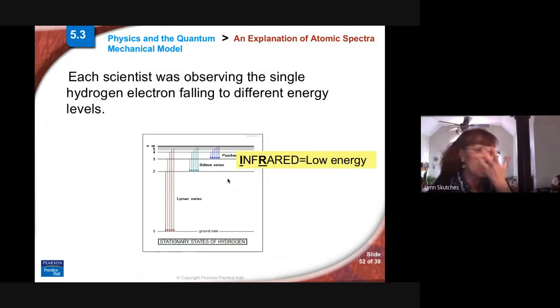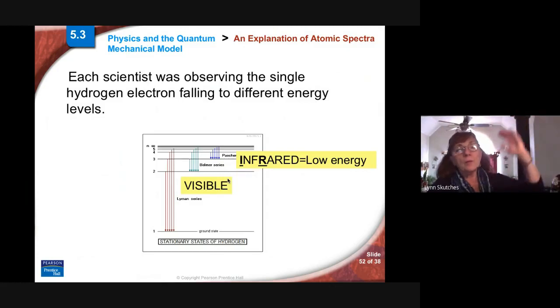So Paschen looked at the very smallest transitions. Those turned out to be in the infrared radiation area of the spectrum, longer wavelengths with lower frequencies and lower energy. Balmer looked at the colors that he could see with the spectroscope.